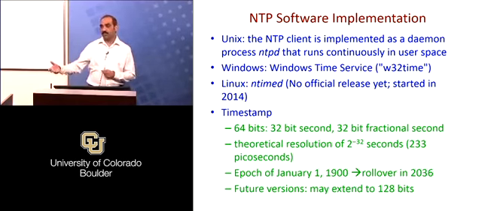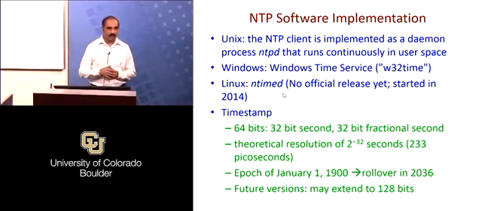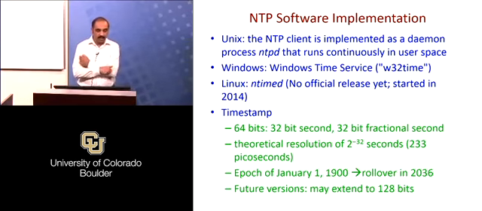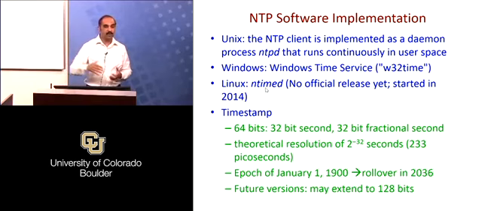It's supposed to be much more efficient than the previous version of NTP. There is no official release of N-timed, although it's available over the internet and people have been using it. But so far there is no official release. Also, this software that they're building is not portable to other operating systems.